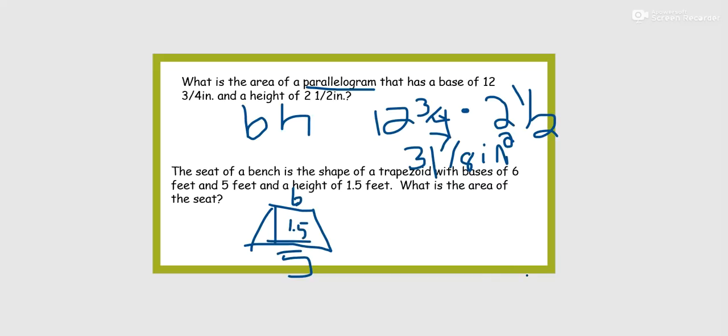So if you remember, our trapezoid was 1/2 of our height times our bases added together. Base 1 plus base 2.